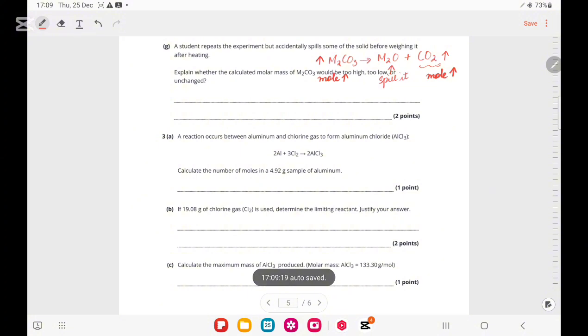And what are you doing? In order to calculate the molar mass, you are doing mole is equal to mass by molar mass. And when we want to calculate molar mass, we were using the formula mass by mole. So when you are going to have a greater number of moles, then definitely molar mass will decrease.